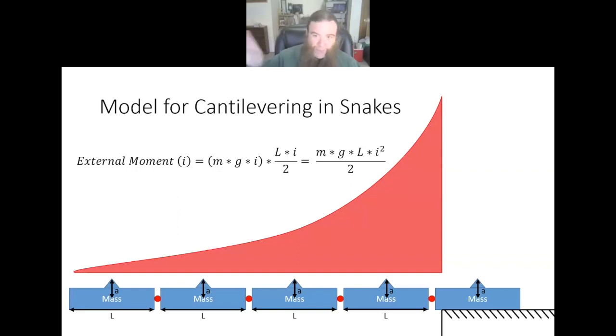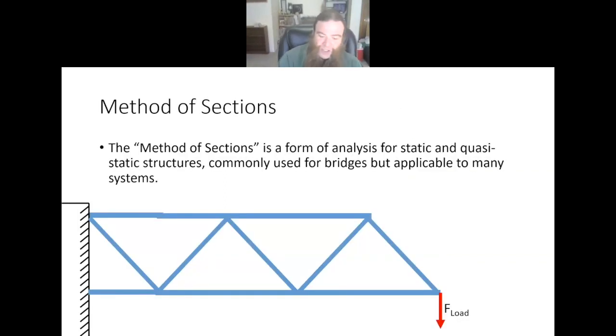It's your nice parabolic system where this is basically mass per unit length, and it goes up to the square of the number of joints. So this is how much any given joint has to resist due to gravitational loading as it sticks out horizontally. If it were to go up or down, it's just the cosine of this. So we'll ignore that. We'll treat horizontal as the most difficult, and so we'll go with that.